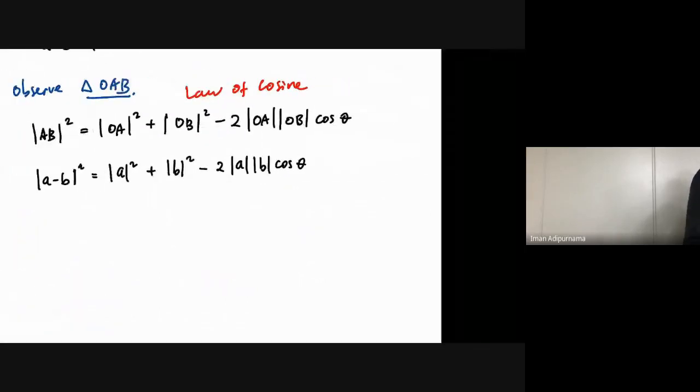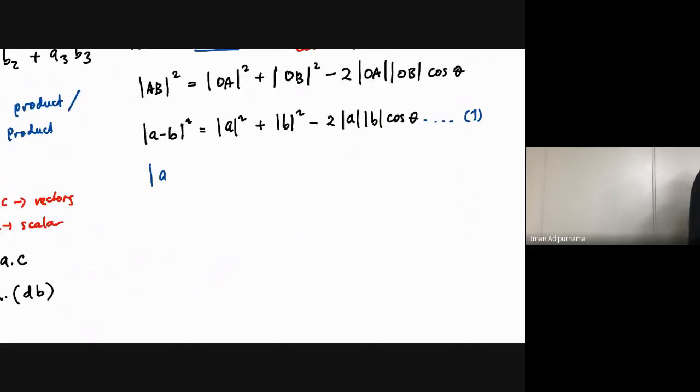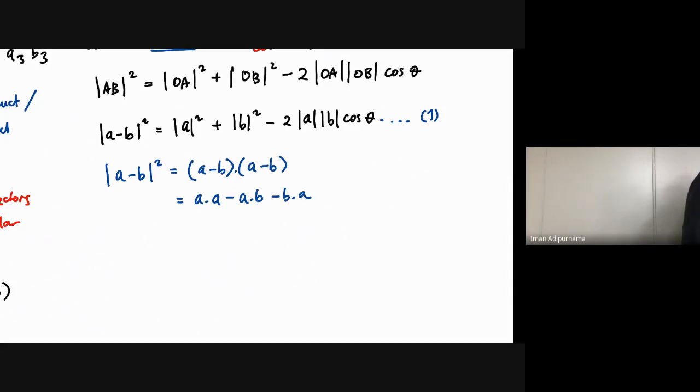Now, let's mark this as equation 1. Now we can also expand this: A minus B squared becomes (A minus B) dot (A minus B). This is A dot A minus A dot B minus B dot A plus B dot B. Or we can write it as A squared minus 2 A dot B plus B squared.